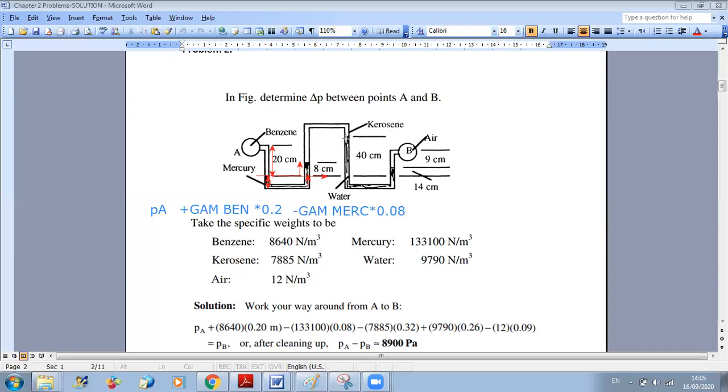So first I will go here. I can do crossover, because it's the same fluid. So I'm going up in this fluid and then going down. So I only need to account for this part. I am going upward a certain distance. What is this distance from this point to this one? 32, because they gave me that the whole length here is 40, and I should subtract from it 8.